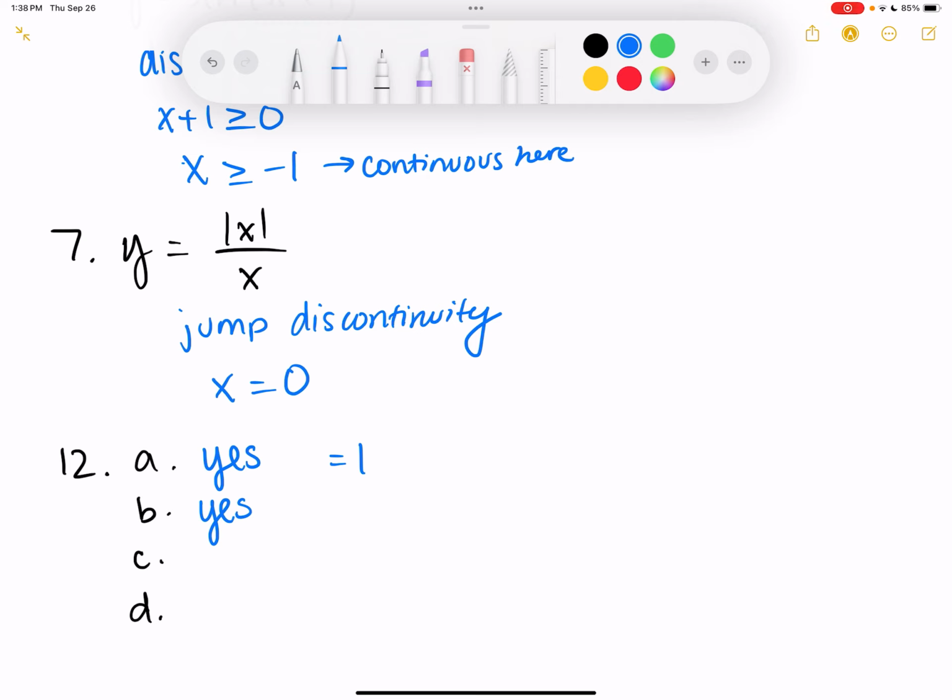Correct. All right, then part C, does the limit as x approaches 1 of f of x equal f of 1? So what is the limit in part B? 2. Are those two things equal? No. Last time I checked, 1 and 2 are not equal.